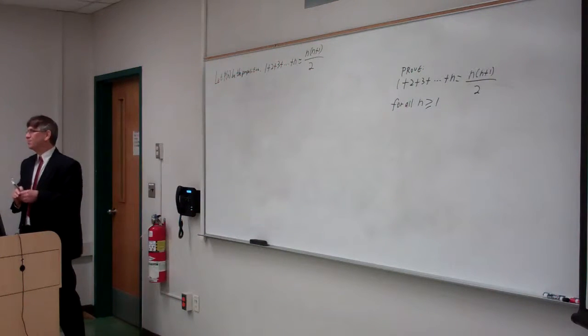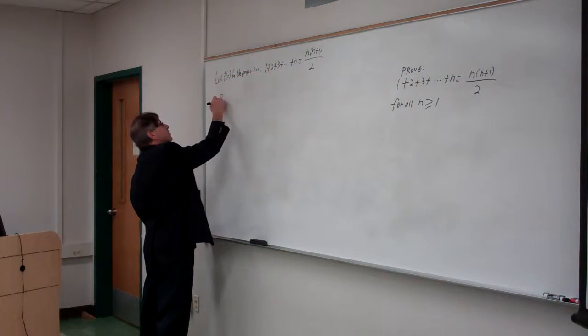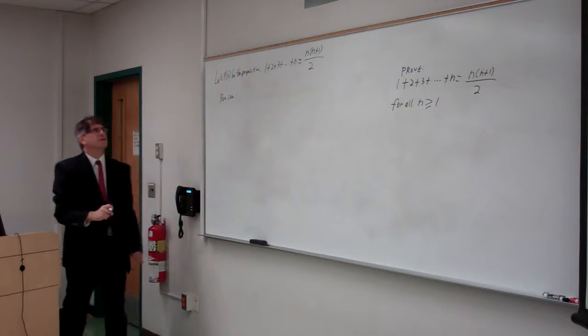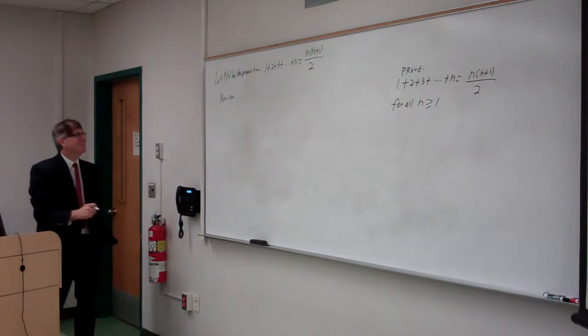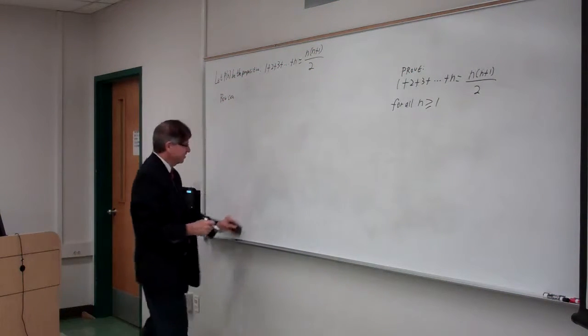We're trying to prove that P of n is true for all n. So first, let's do a base case. You said n primes just then. Integers. Yeah. Sorry.